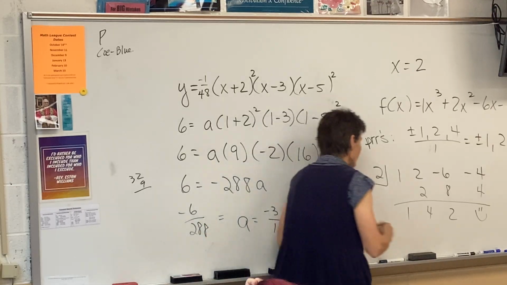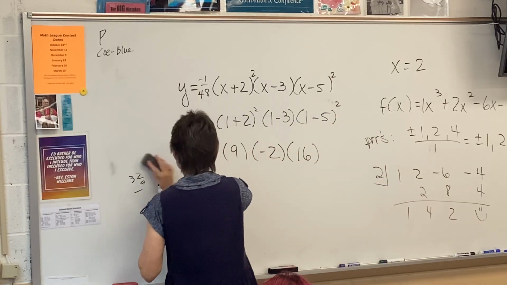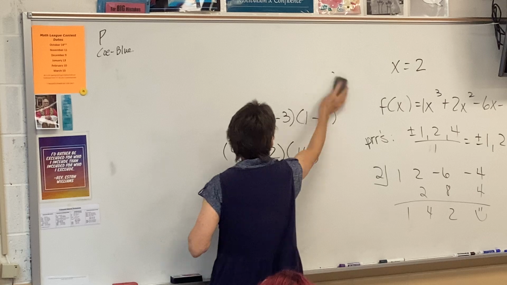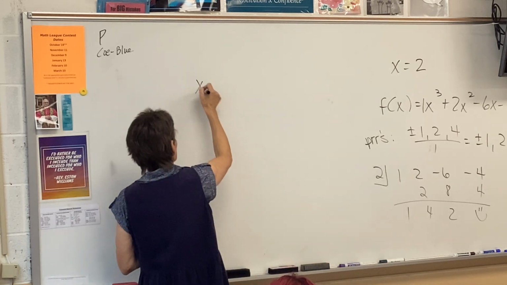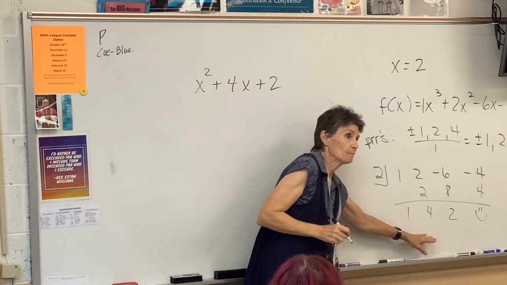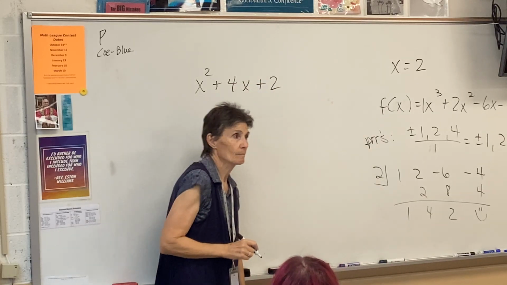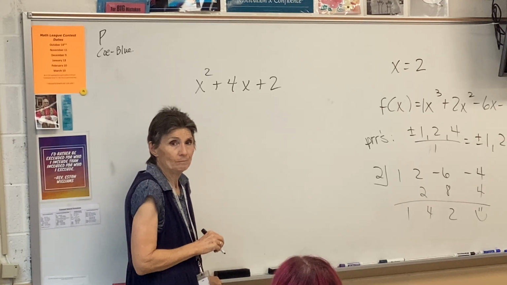All right, where do I go from here? x squared plus 4x. Yep, that's exactly right. x squared plus 4x plus 2, right here. Now what?